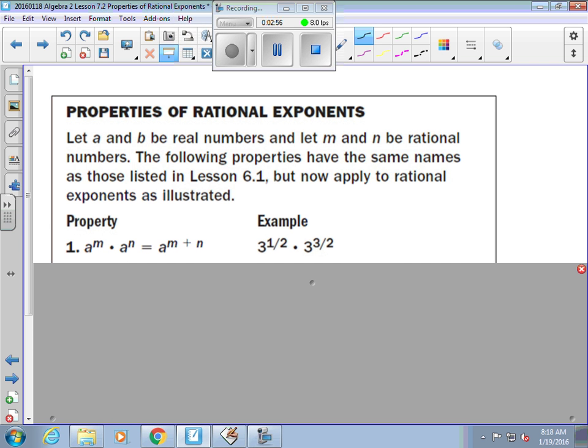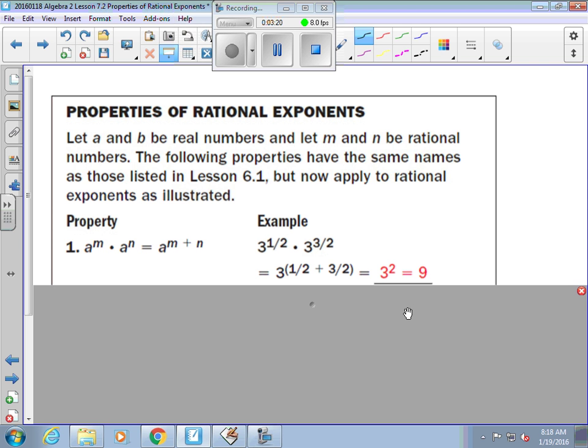The following properties have the same names as those listed in lesson 6.1, but now apply to rational exponents as illustrated. So a to the m times a to the n. Same thing. When you're multiplying the same bases, a and a, just like the bell work, you add the exponents. So you would add 1/2 plus 3/2, and you get 4/2, which is 2.